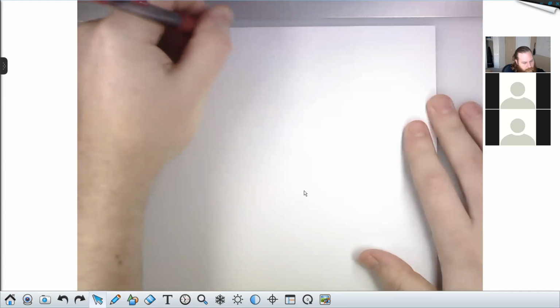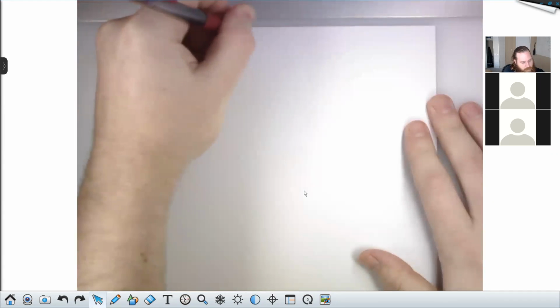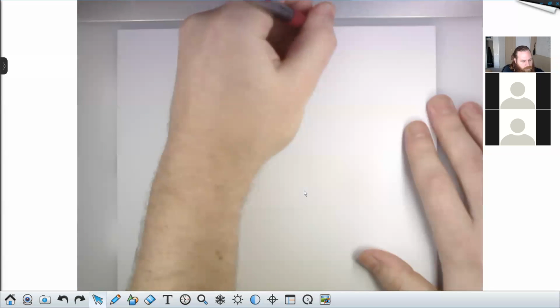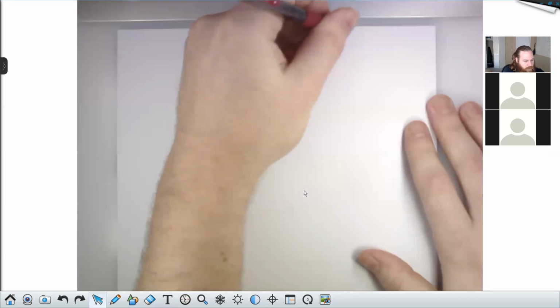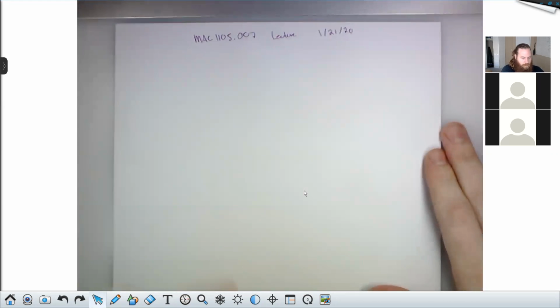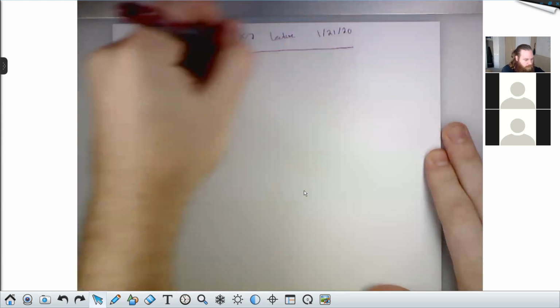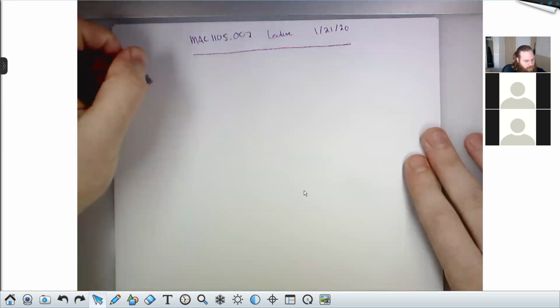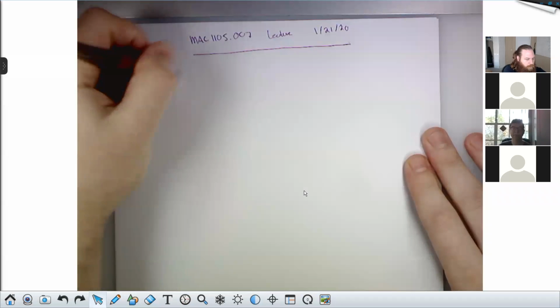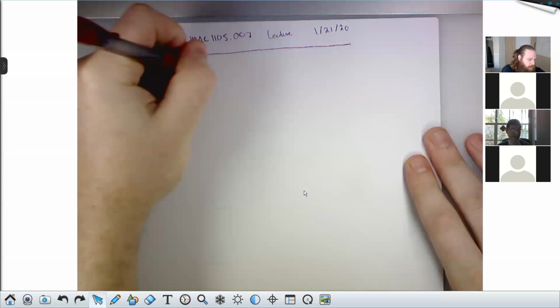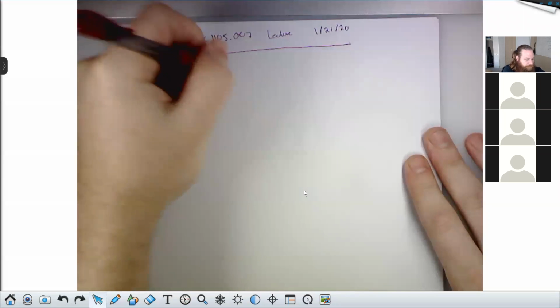This is MAC1105, section 7. It's a lecture, and today is the 21st. So today, we'll look a little more at absolute value inequalities.